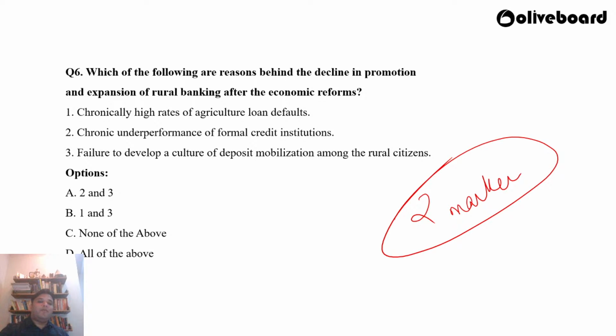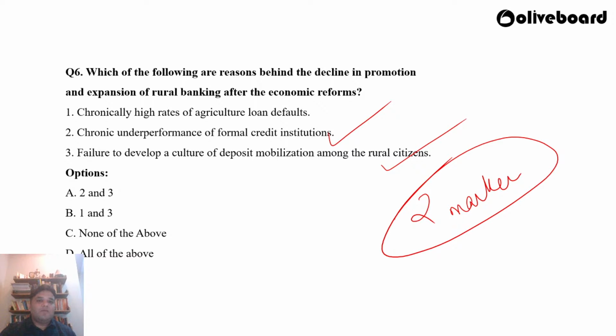Second, chronic underperformance of formal credit institutions. Third, failure to develop a culture of deposit mobilization among the rural citizens. Options are A 2 and 3, B 1 and 3, C none of the above, D all of the above.